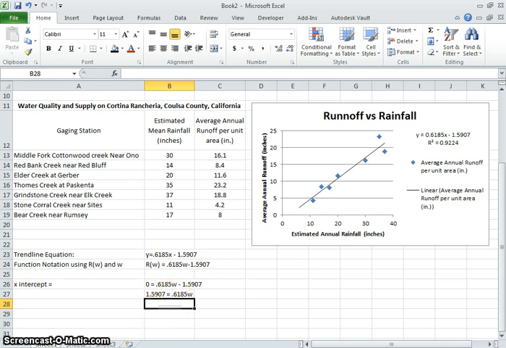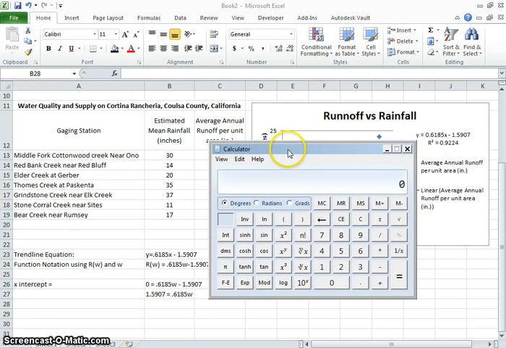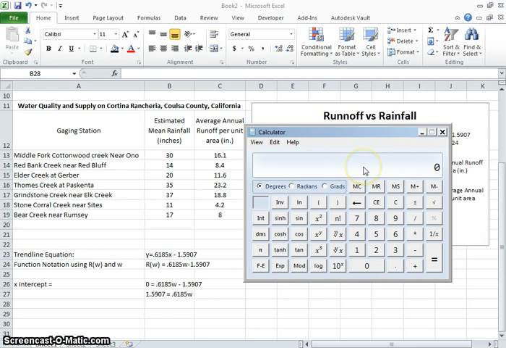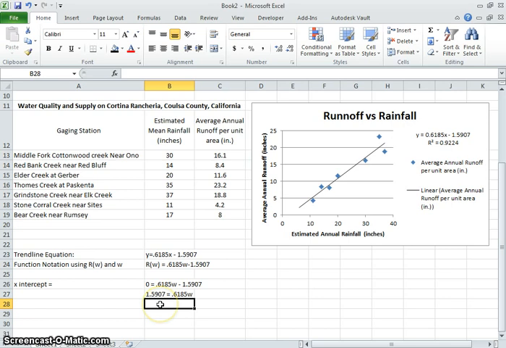by 0.6185. Let's see if I have a calculator close by. There you are, calculator. I would take 1.5907, divide that by my 0.6185 to get 2.57.